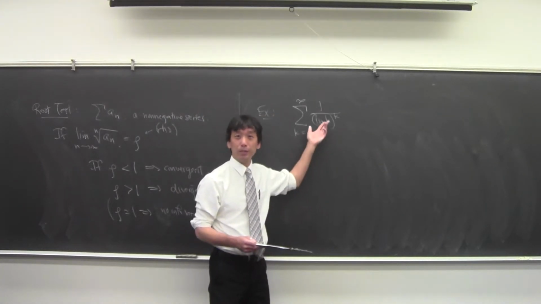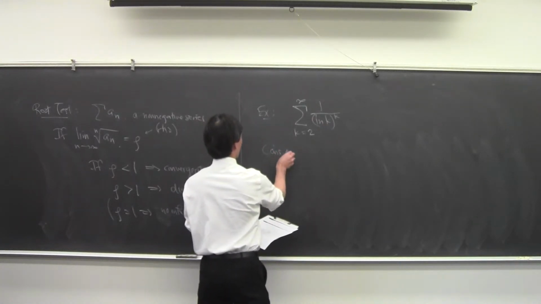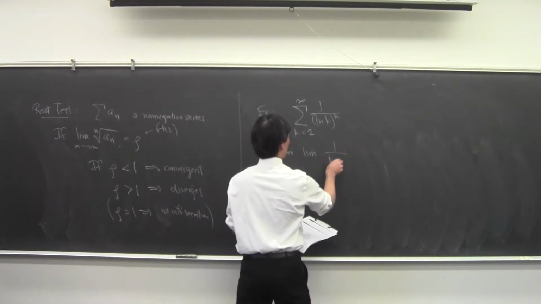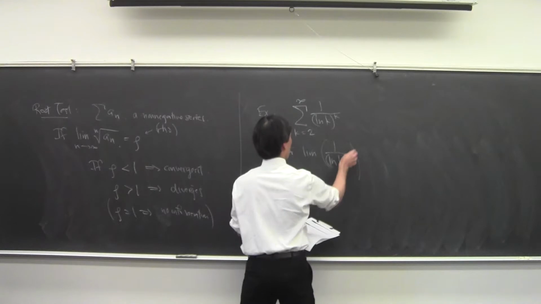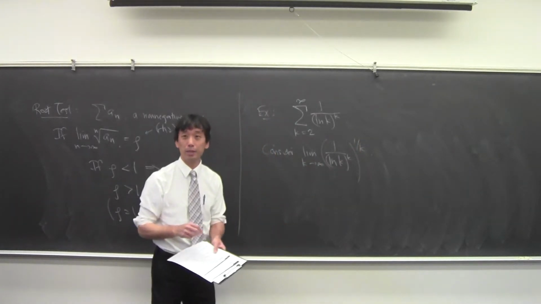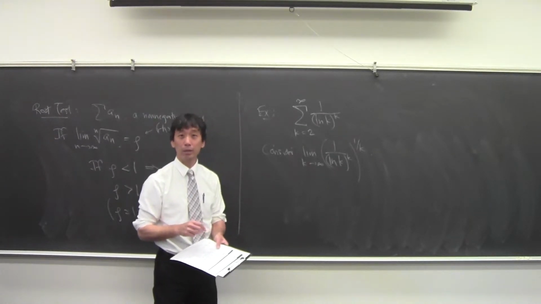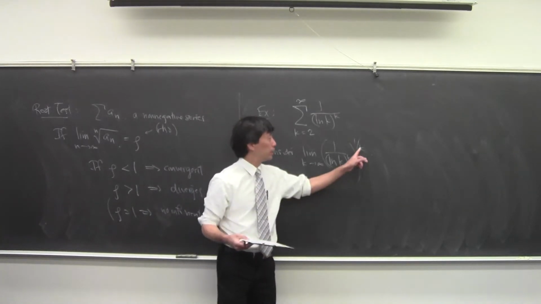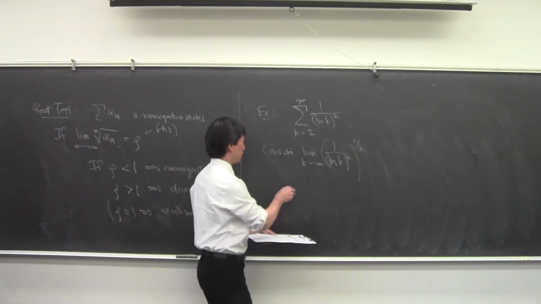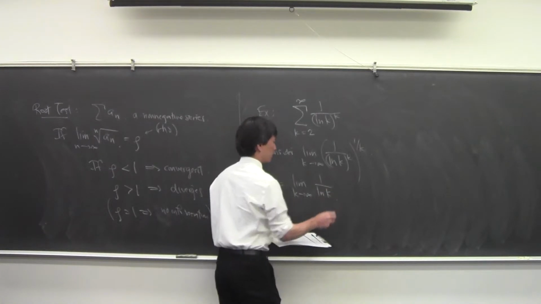What does the root test say to do? It says consider the limit of the kth root of the kth term. Well, what do you get? The 1 over k and the k cancel out with each other, and you get the limit as k goes to infinity of 1 over natural log of k.